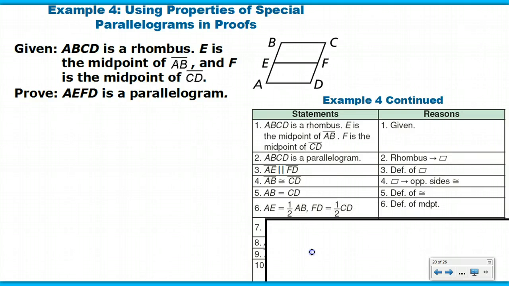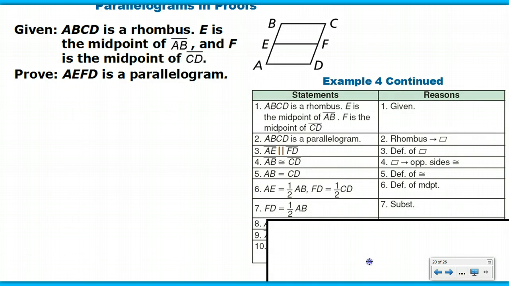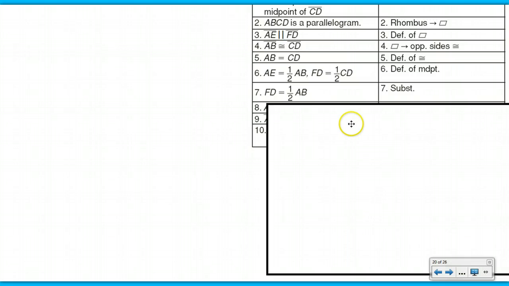So AE is half of AB, and FD is half of CD, definition of midpoint, right? And we were given the fact that we had midpoints, so now we're just using the definition of midpoint. Good. Next, we could say that FD equals half of AB by substitution, right? And that's given these 2 steps up here above.